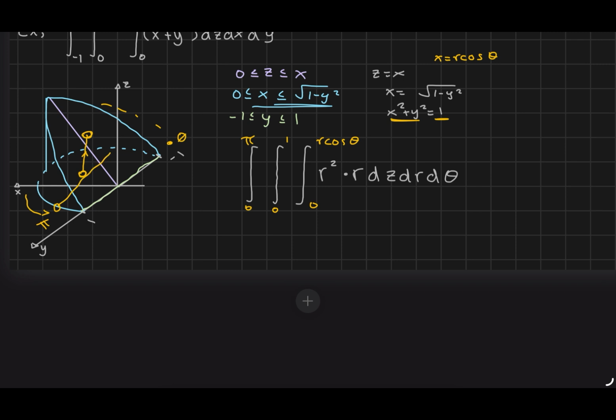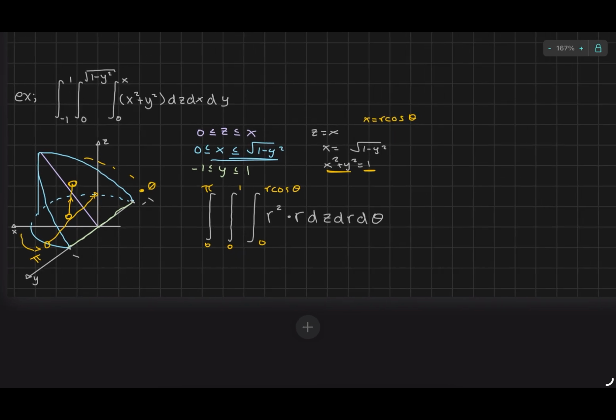Moving from here to here, and I guess it still would have been -1 to 1. Regardless, oh, I guess it is right there. Yeah. Anyway, this looks more doable than the last one, I guess you could say.